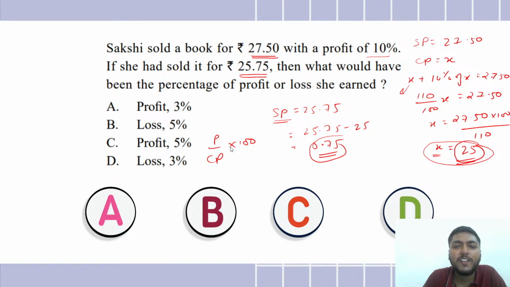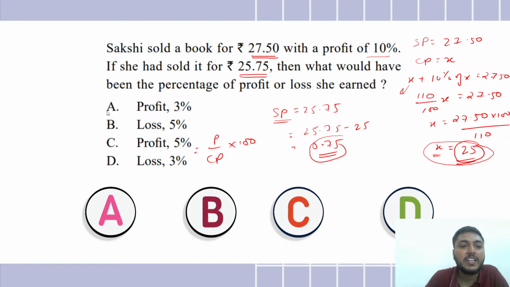Come on, students, it's an easy calculation. Tanisha, do it fast. We just have to do a simple calculation, that is 0.75 by 25 multiplied by 100.